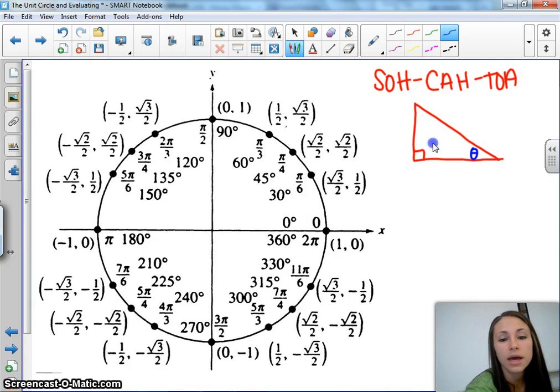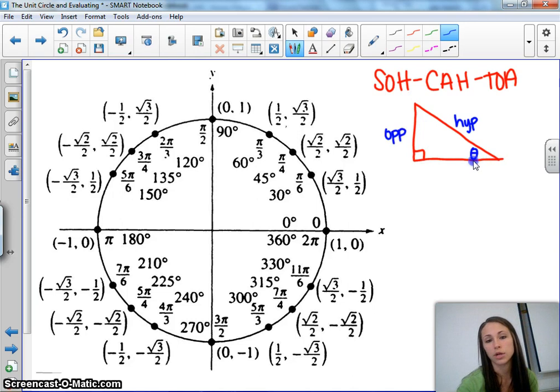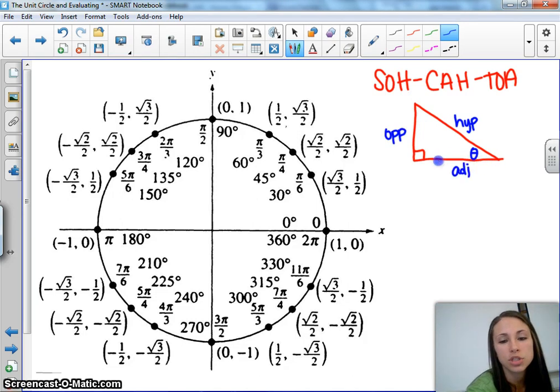The side that's always across from the right angle is the hypotenuse. The side that is across from the angle itself is the opposite, because it's not touching that angle anywhere. And then the adjacent, the word adjacent just means to touch, or to be beside of. So this leg is the adjacent because it's beside this angle. So these would be our three legs.